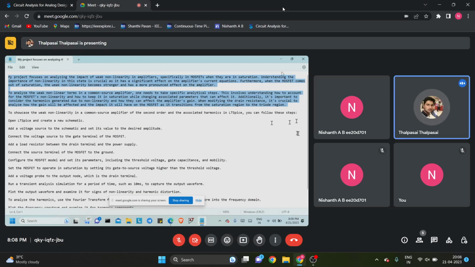Actually, I would like to implement the common source amplifier, sir. While writing the current equations, when we include one more AC source, how will the current equations change, that harmonic terms will come in the current equation. Yeah, you can do that. Basically, you have to tell that MOSFET has inherent non-linearity.